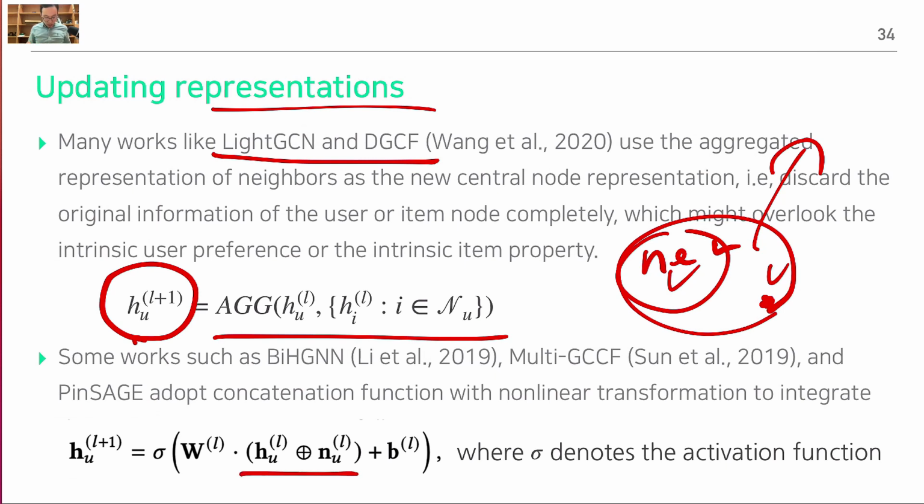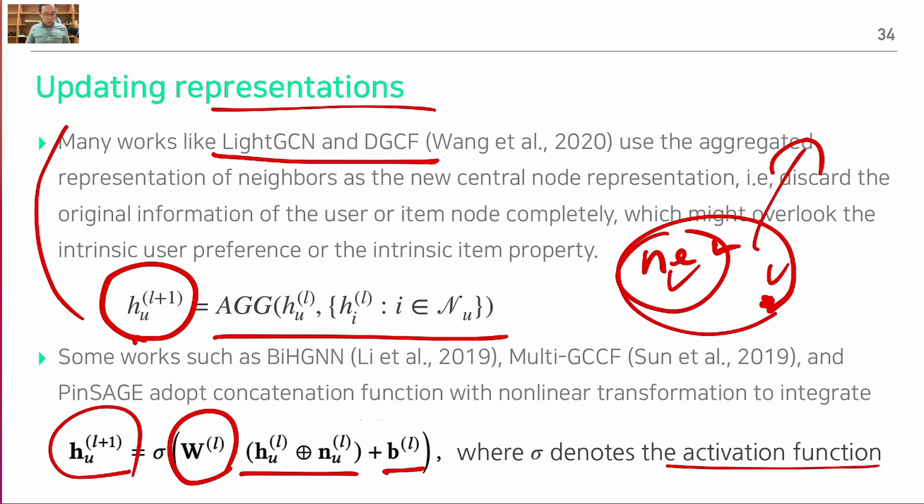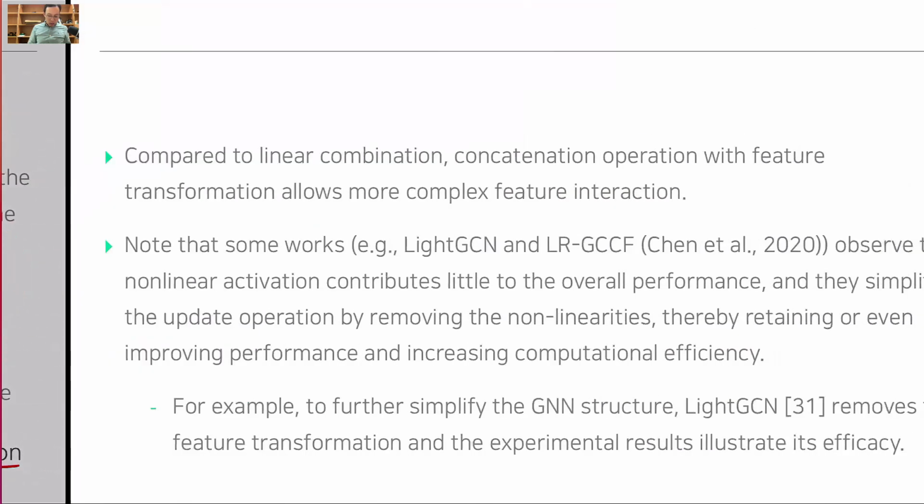The concatenation, multiplied by a linear matrix, plus the bias and activation function, and you can decide. So it's up to you. But in the major benchmarks, these worked better without the linear transformation and nonlinear activation function. That is the key observation from the recent papers.